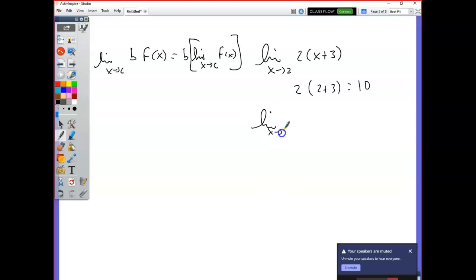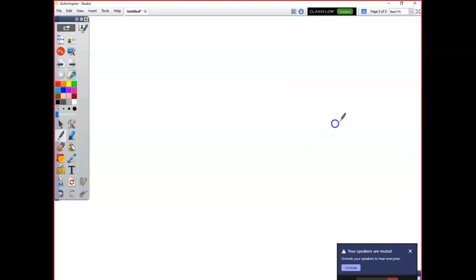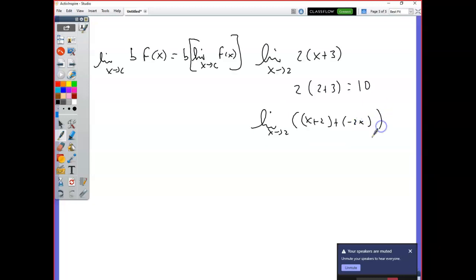Limit as x approaches 2 of x plus 2 plus negative 2x. How do I solve this? We plug the 2 into each separate one individually simultaneously?